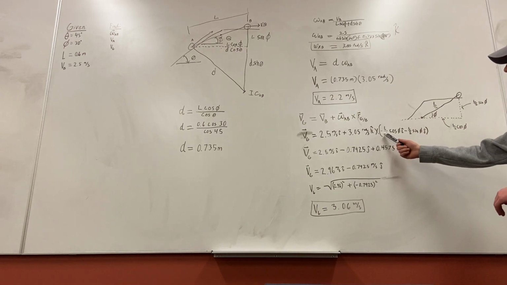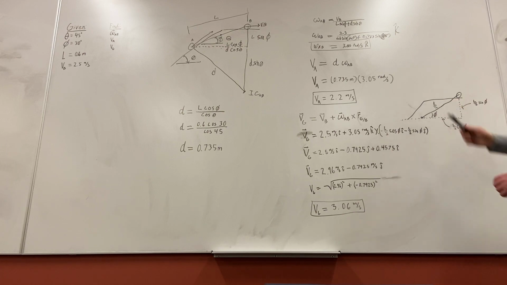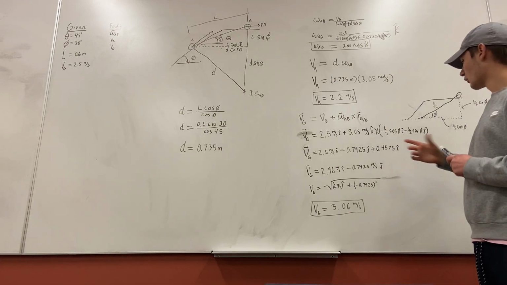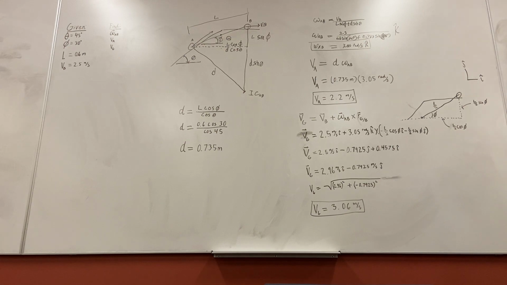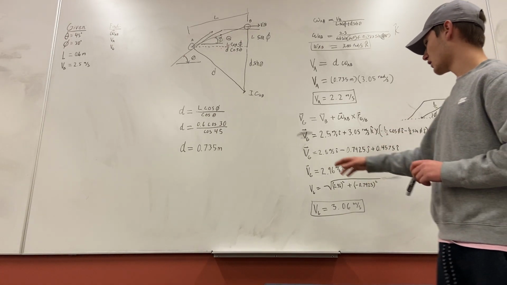We have negative because it's with respect to B, so it's to the left, and our coordinate system is like this. So it'd be negative L over 2 cosine of phi I hat minus L over 2 sine of phi J hat. And from there we can do our cross multiplication.